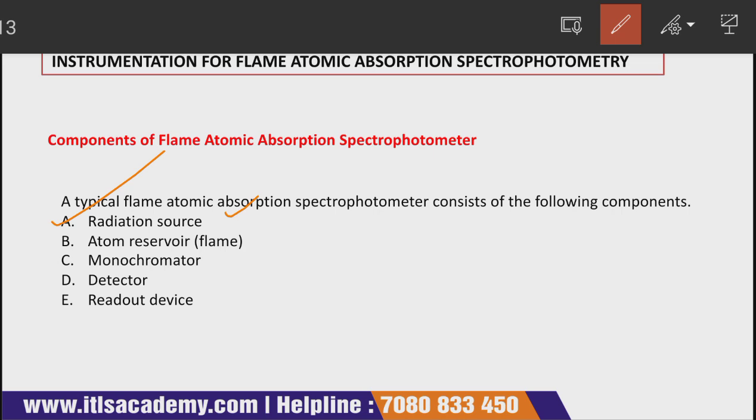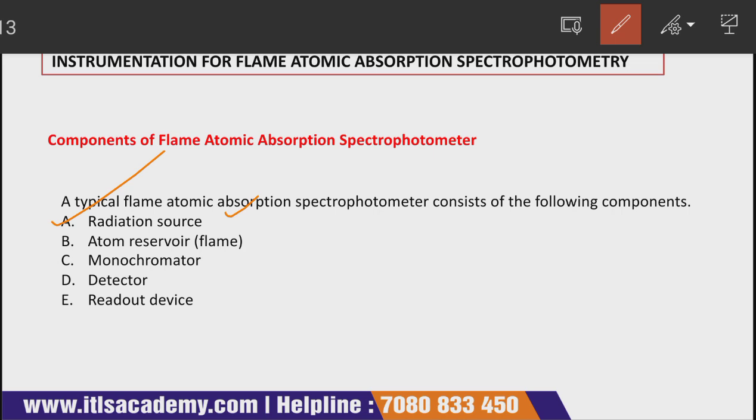Now comes your monochromator. As I told you in the previous lecture, the monochromator acts as a very important part of this whole spectrometry. Why?